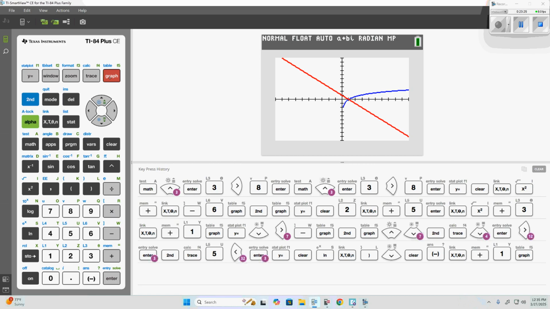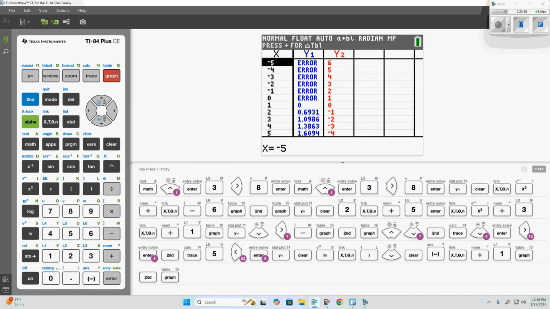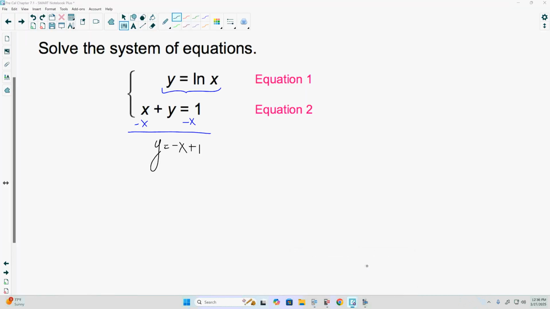So we have these 2 graphs, and there is a specific spot that they cross. Now we can look at the table, and we're looking for where the y's are the same. Well, at 1, the y values are both 0. It tells me that the point of intersection, or the point that these 2 are both the same, is at the point 1, 0.